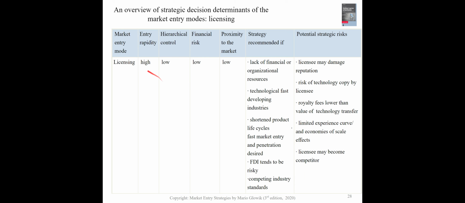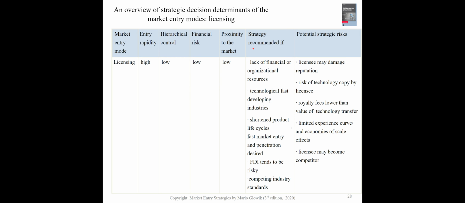In case of licensing, which also belongs to contractual market entry modes, also the firm makes use of high market entry rapidity because that knowledge is sold against payment of royalties by the licensee.